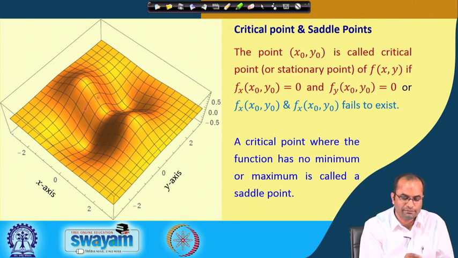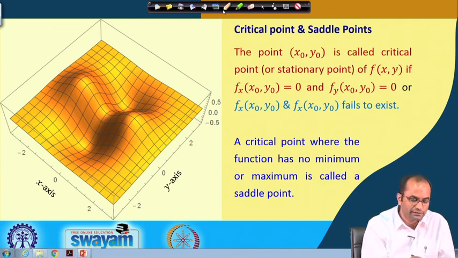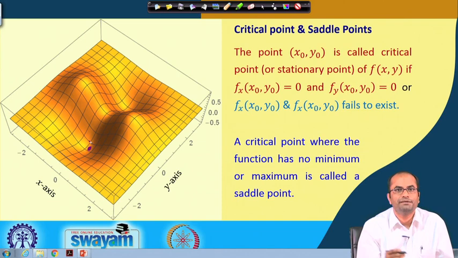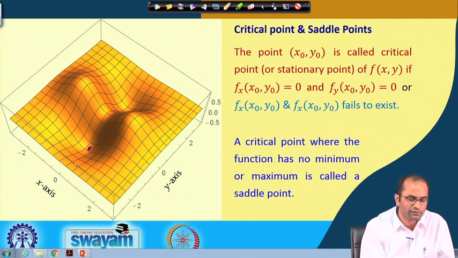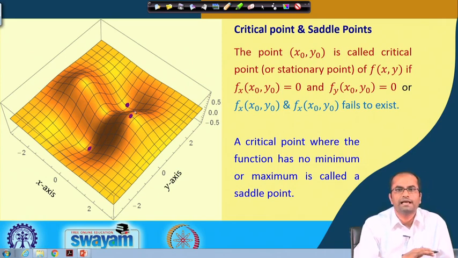So, just to realize the situation here, we have many critical points which we will identify mathematically a little later. This here, for example, will be a point where the partial derivative will be 0 with respect to x and also with respect to y. There will be a point here where both the partial derivatives will be 0, and a point here as well. Basically the tangent plane will be parallel to the xy plane.